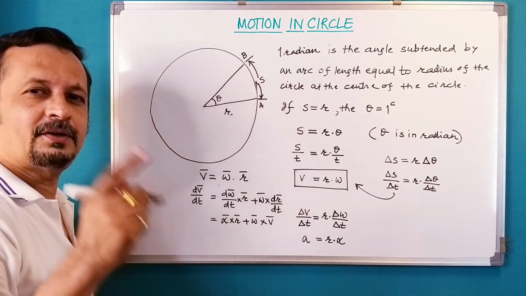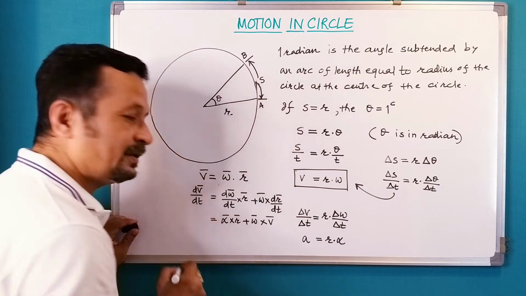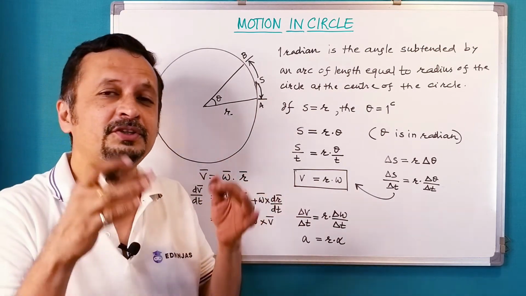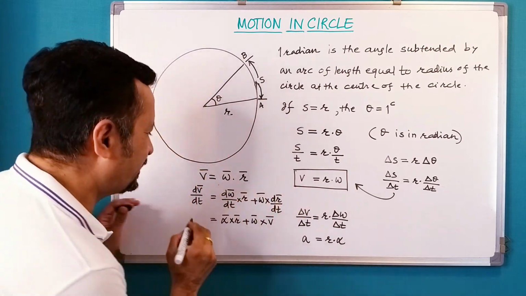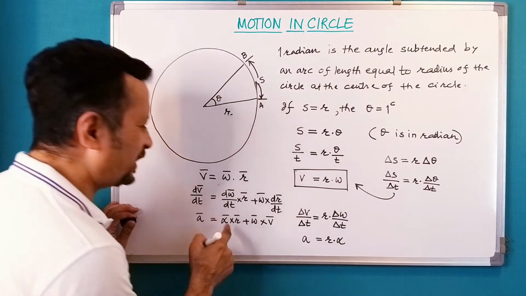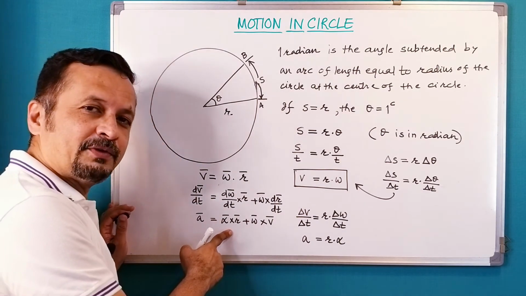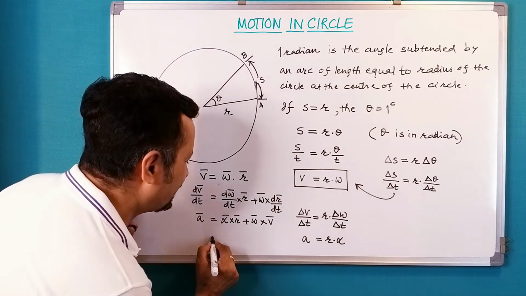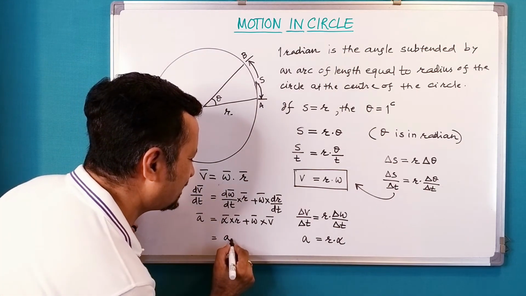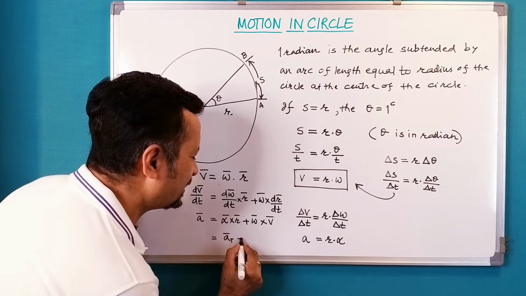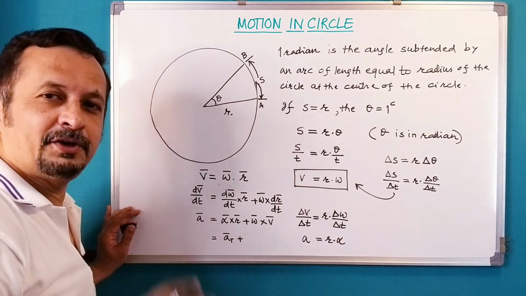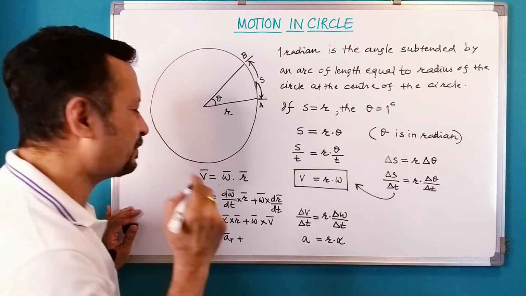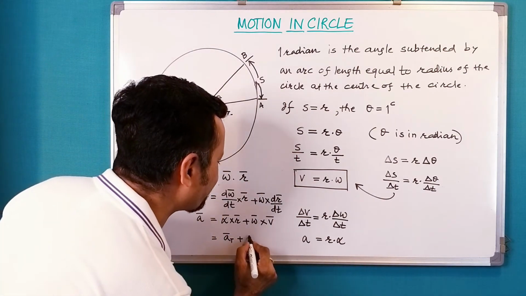Now here if you see, if it is non-uniform circular motion, then my A bar would be equal to this alpha bar cross r bar plus omega bar cross v bar. So this is my tangential acceleration and this is my radial acceleration or centripetal acceleration, that is v omega.